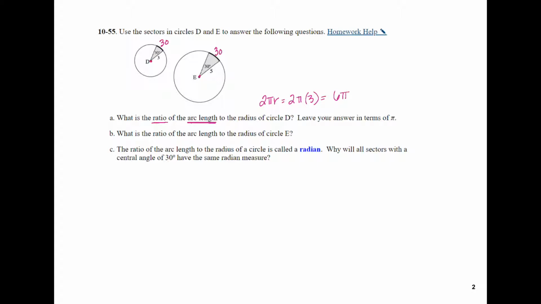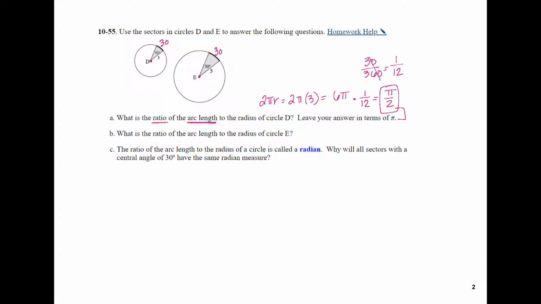Our angle is 30 degrees, so we can take 30 over 360, which reduces to 3 over 36, or 1 over 12, and we need to multiply that by our 6 pi, so we get pi over 2 is our ratio, comparing the radius to the arc length.